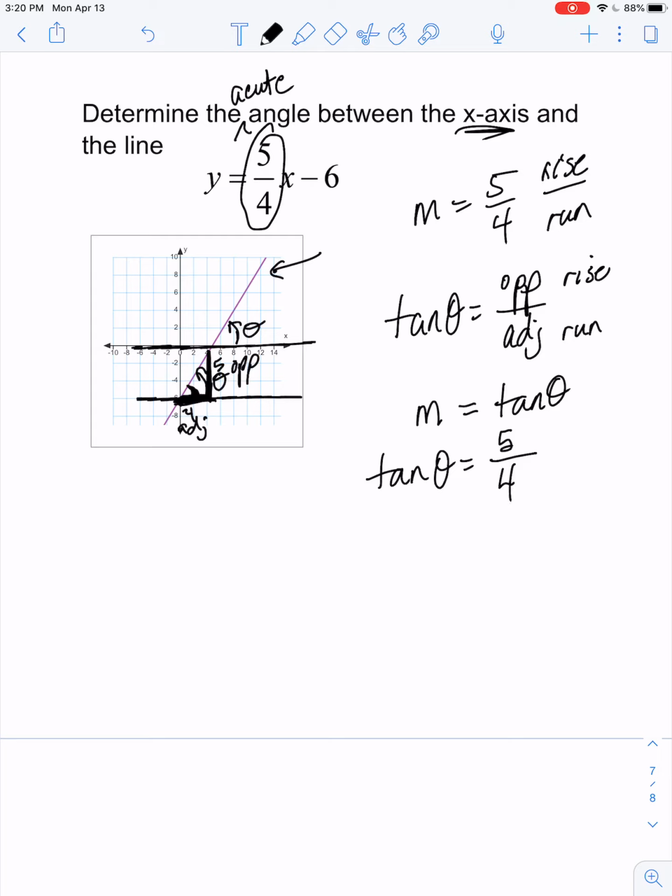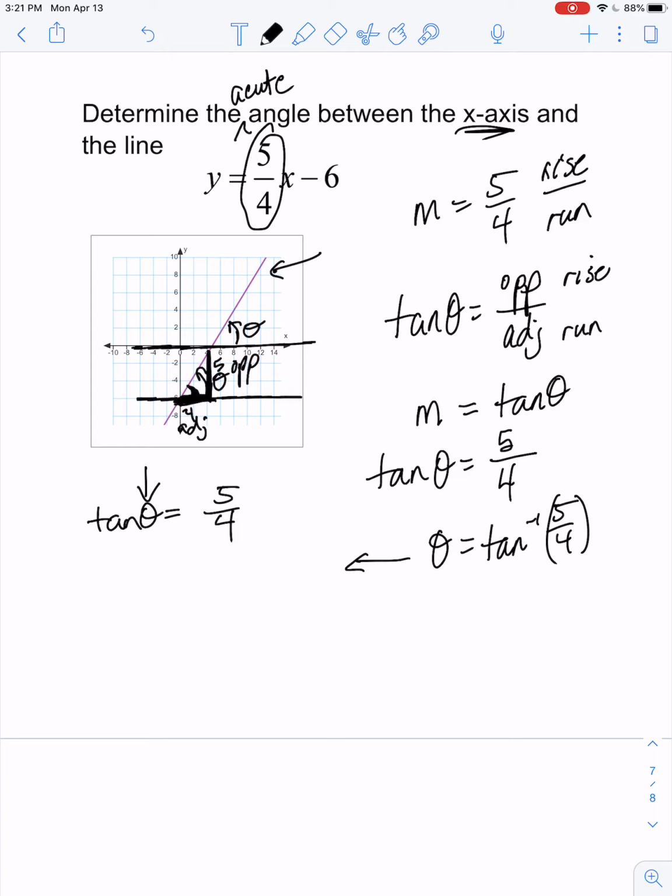We need to get theta by itself. We don't know what theta is, so this is where we have to use tan inverse. So theta equals tan inverse of 5/4. Let me re-explain why that works. Tan of theta equals 5/4, and we want to isolate theta.